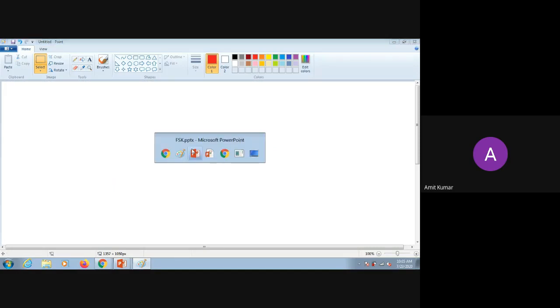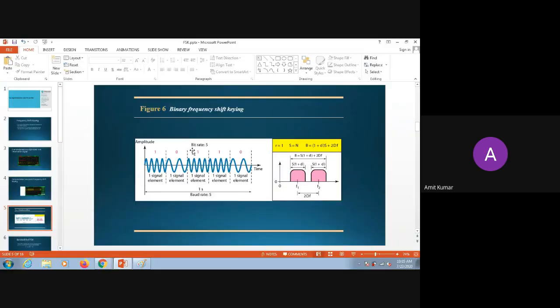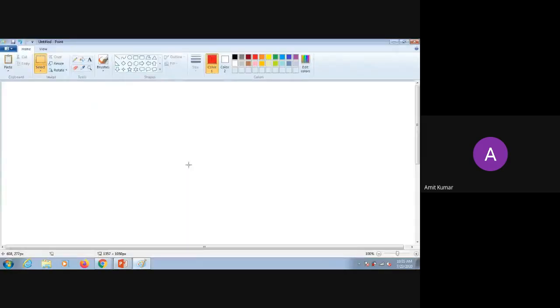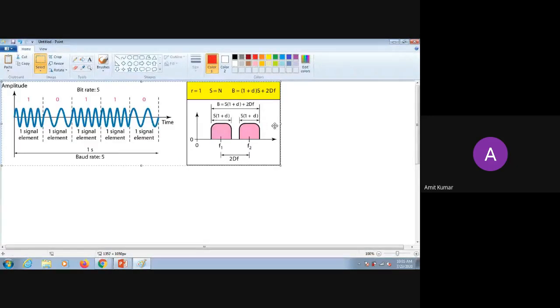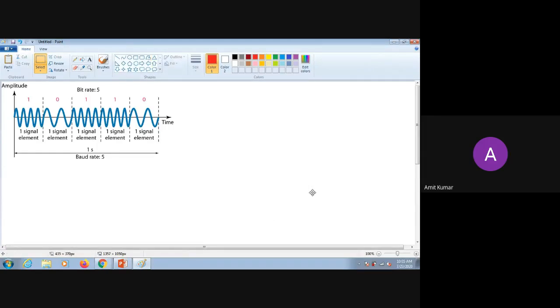Wherever you see, noise will be added to your signal.